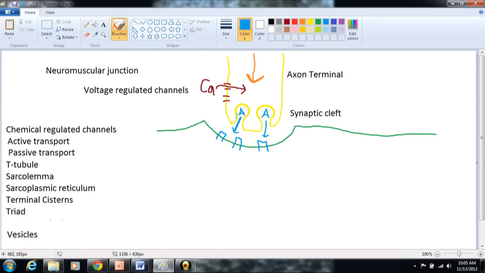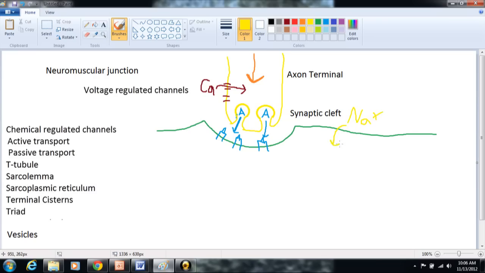So release by exocytosis is active transport, but diffusion across the synaptic cleft is passive transport. Okay, the acetylcholine binds to the receptors and that allows sodium to flow into the cell.